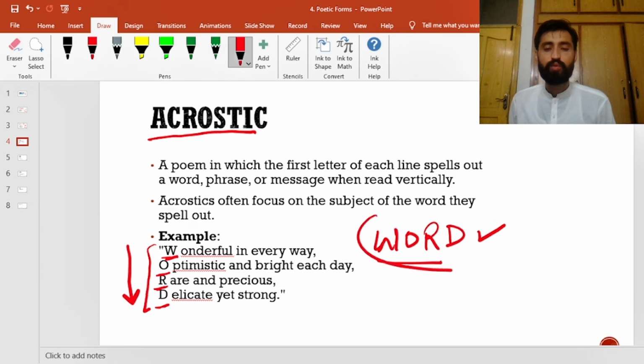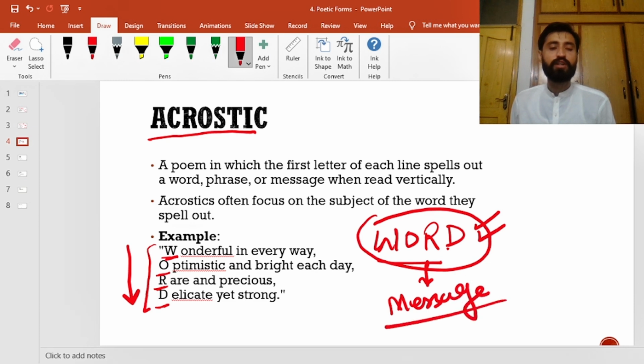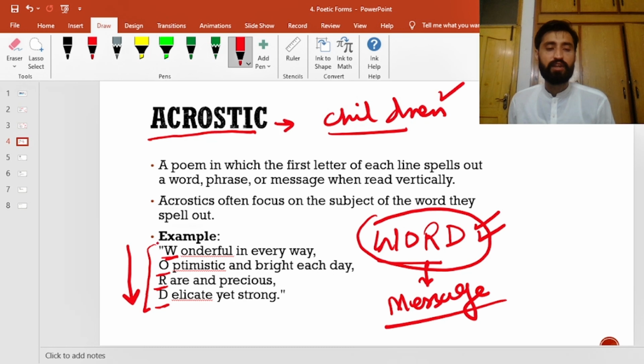Every word that we have after reading it vertically definitely gives us a kind of message about that particular word. So I hope it's quite clear to you. And acrostic is most famous among children because not only do they get interested in poetry, but along with that they also get to know about the word that we have vertically in this poetry, right?